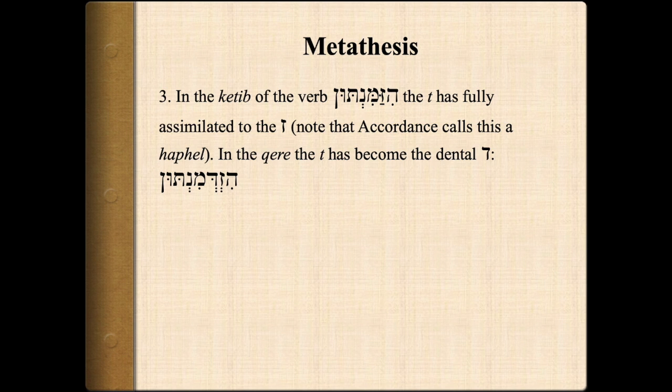In the kareh, the tav has become the dental dalet. So he's de mintun. Note in accordance, however, calls this a hafel, but the grammars do not. They call this a reflexive stem.